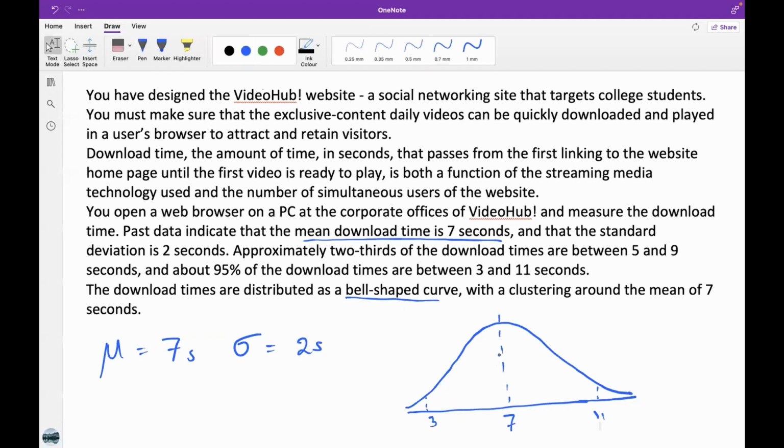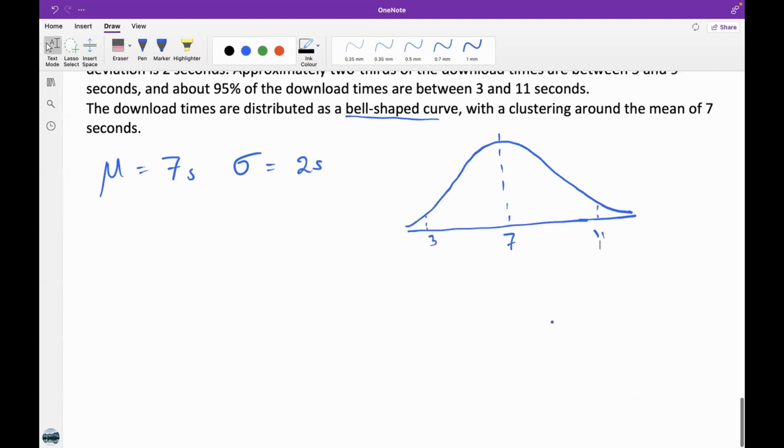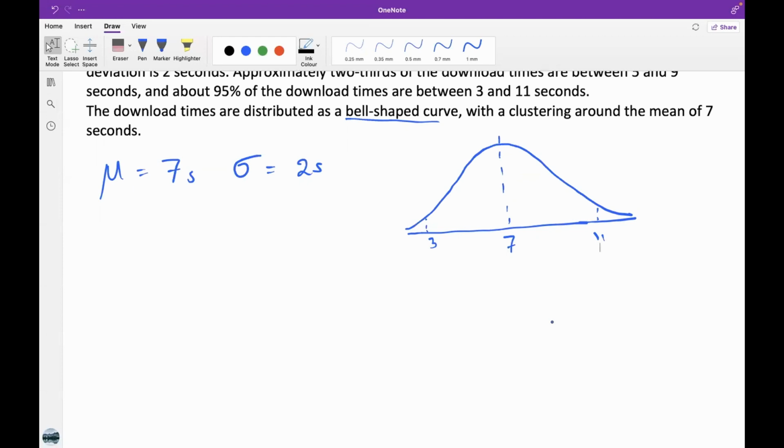Now what I'm going to do is standardize this curve first. So you have a normal distribution, of course, by looking at this one. So what I can do is transform this to a standard normal distribution. So how can we do it?